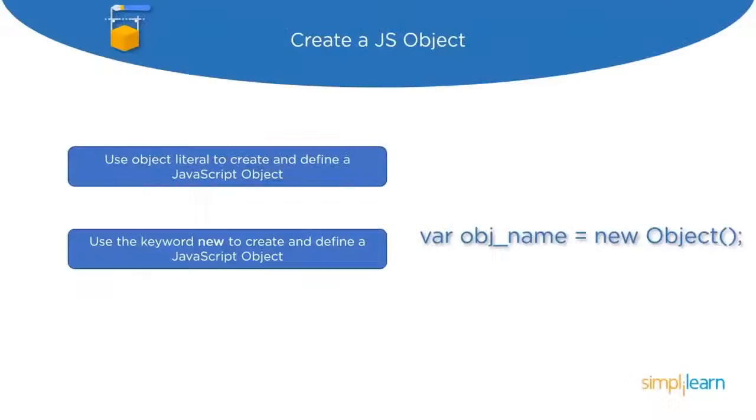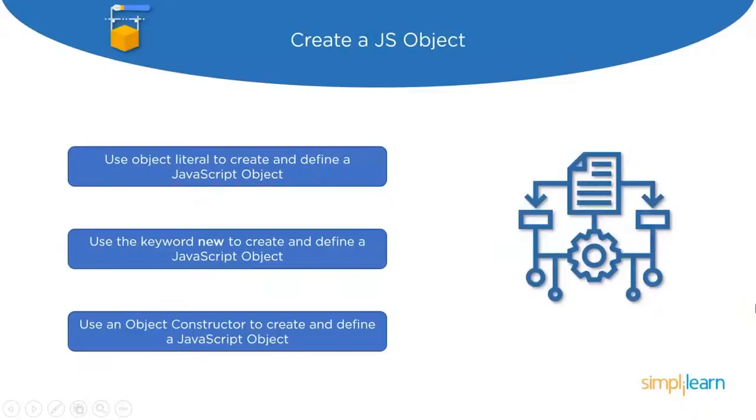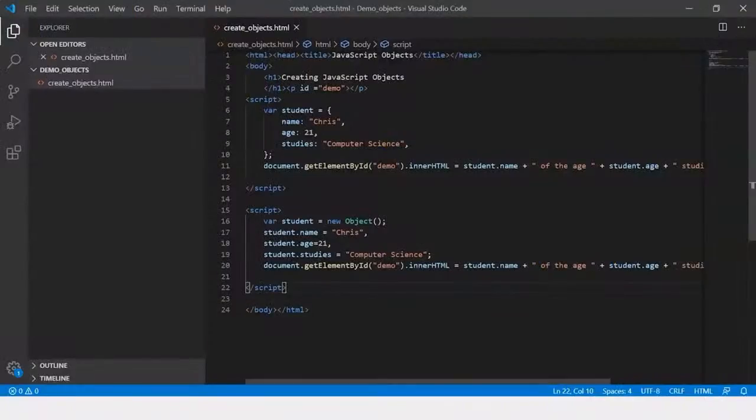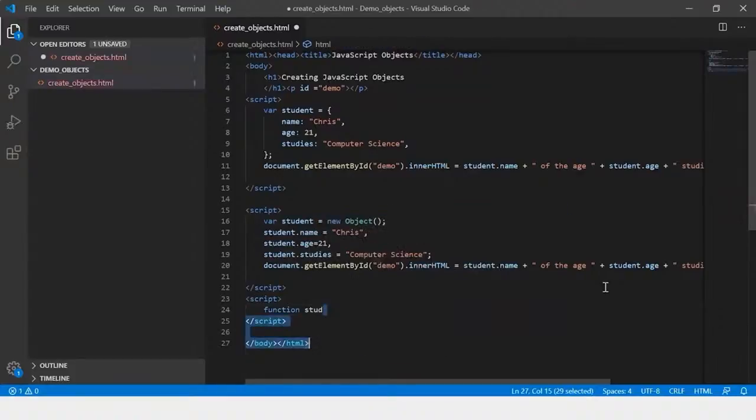Alright, so then moving on to the third method, it is to use an object constructor to create and define a JavaScript object. So let's go back to our code editor, and here we define a function. So we say function, say stud, with 3 parameters, that is name, age, and say studies.